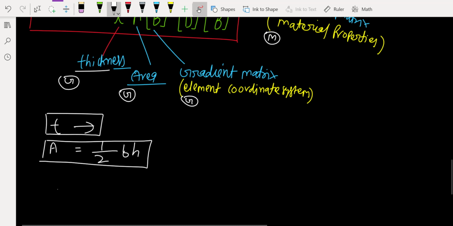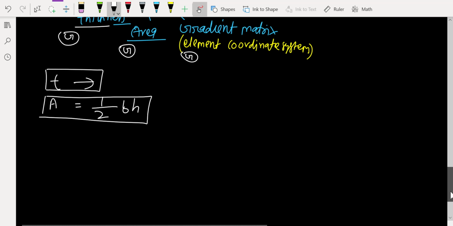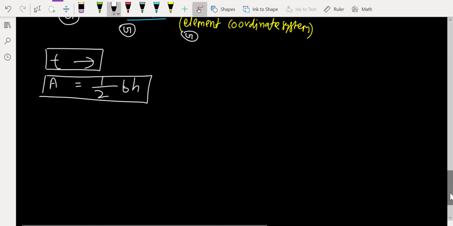That B matrix is a little bit, I would not say tricky, but you have to work upon it.